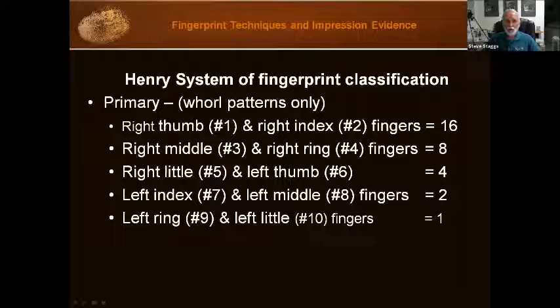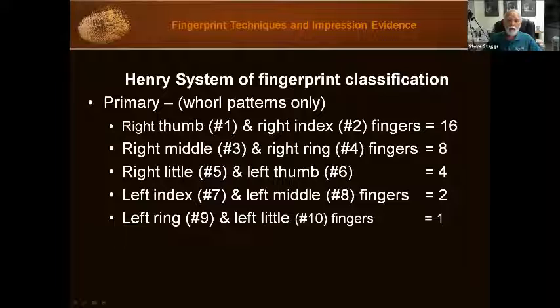Each of the whorls is assigned a value depending on which finger it appears. So if you have a whorl pattern on the right thumb or the right index, the number 1 or number 2 position, those whorls each get 16 points, or a value of 16.